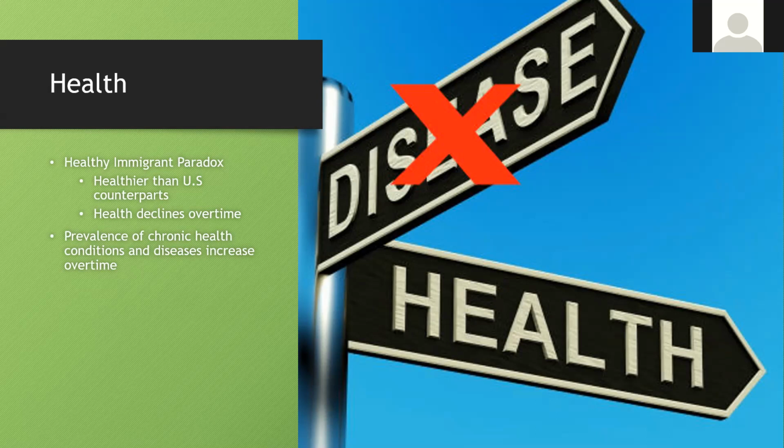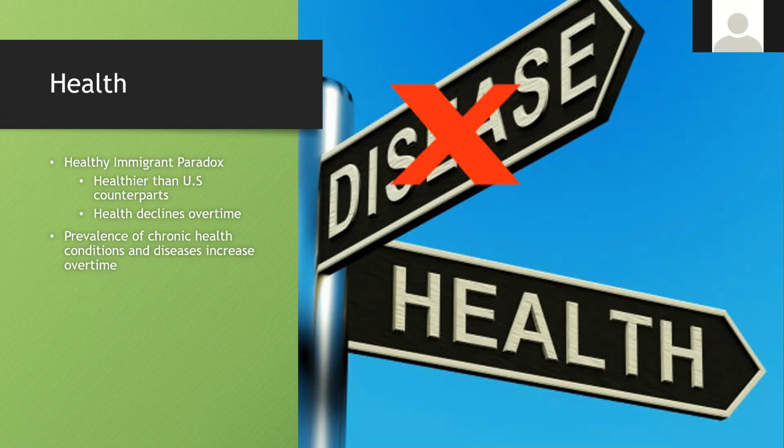There are many reasons why this might be true. One could be that you go through a pretty intensive pre-departure phase that involves health screenings and assessments. You're filtered to make sure that you're healthy enough to make that journey.